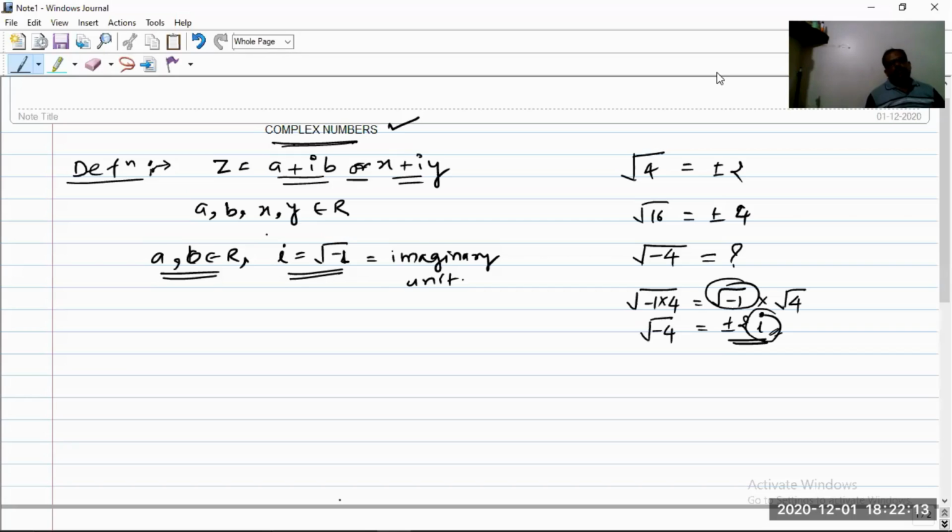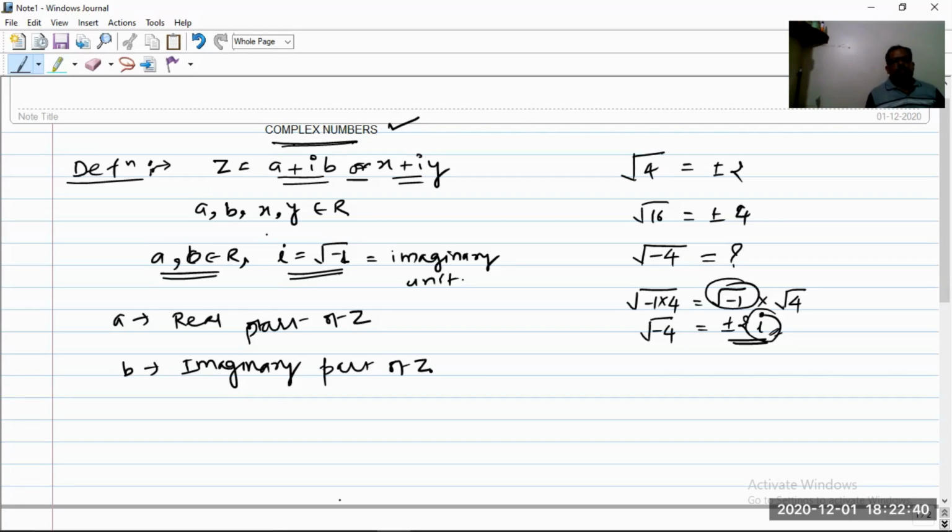So the number in the form a plus ib is called a complex number. We have these a and b as real numbers. They have some specific names. a is called the real part of complex number z, whereas b is called the imaginary part of z.